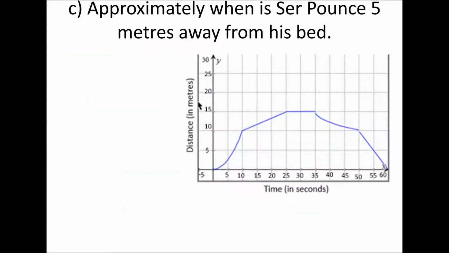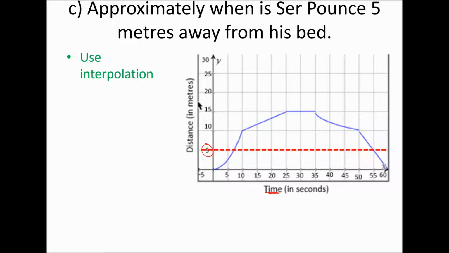Part C. Approximately when is Ser Pounce 5 meters away from his bed? Well, distance is 5 meters. So we're going to use interpolation here to figure out what x values, or times, he is 5 meters away.